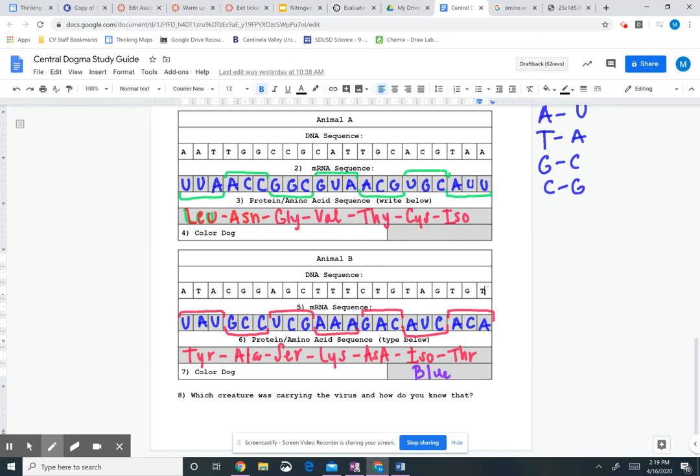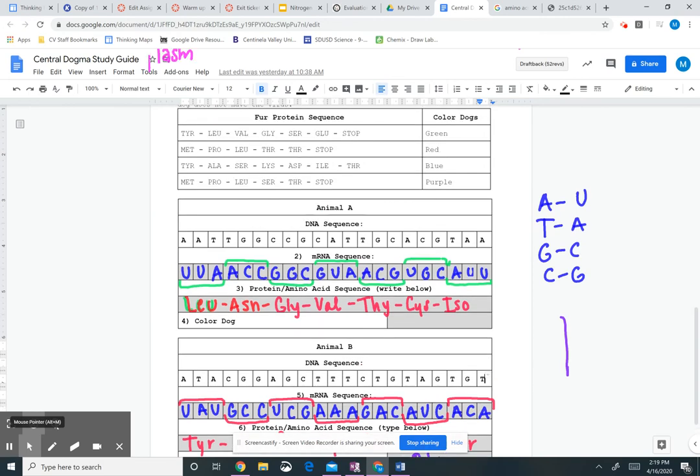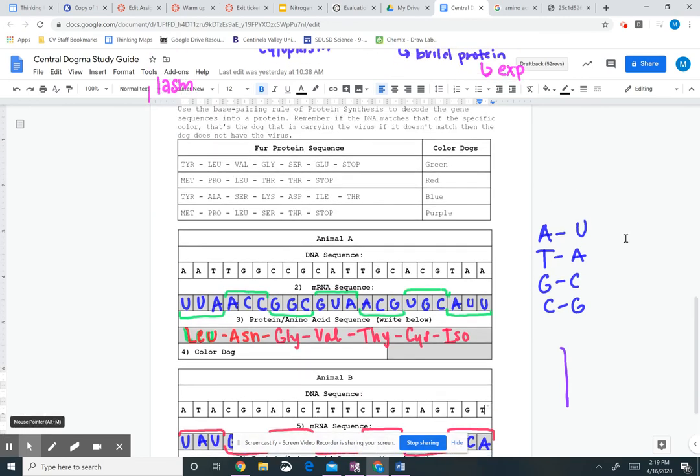And then this one right here, since this code does not match any of these things right here, this means that this animal does not have the virus. Because if we read before, it mentions that if it doesn't code for a color, it does not have the virus.